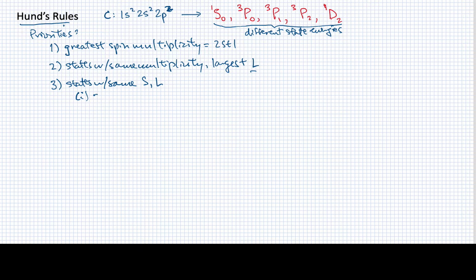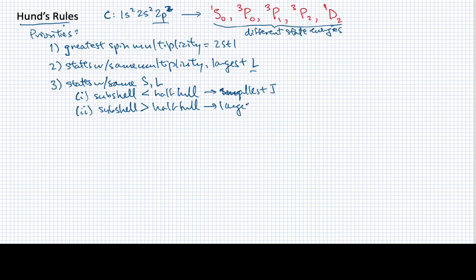One is that the subshell, in this case for carbon the p subshell, is less than half full, in which case we would choose the smallest value of J as the ground state. If you have a subshell that's more than half full, then it's the largest value of J that would be the lowest energy, or the ground state.